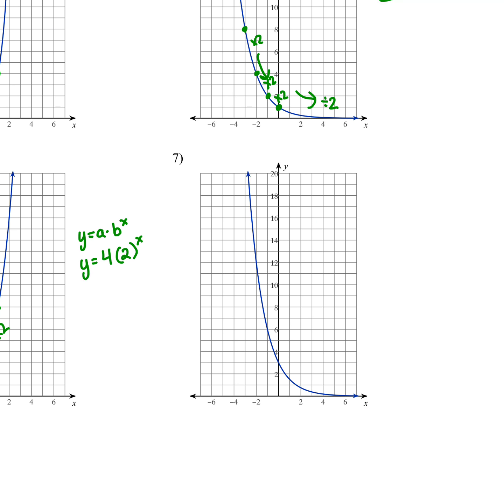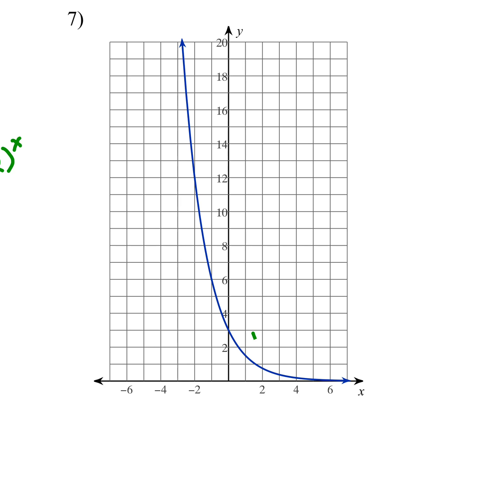And then the very last problem, I have decay. It looks like I'm crossing at 3. And my multiplier, as I move back this way, going backwards and looking, because I know it's been reflected, I am at 6, so to go from 3 to 6, I have to multiply by 2. And hopefully there's a point up here at 12, and there is, which means 2 is definitely our multiplier.